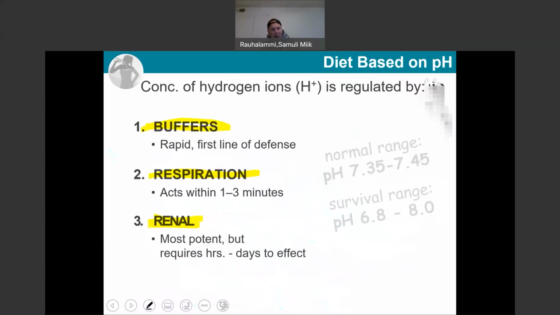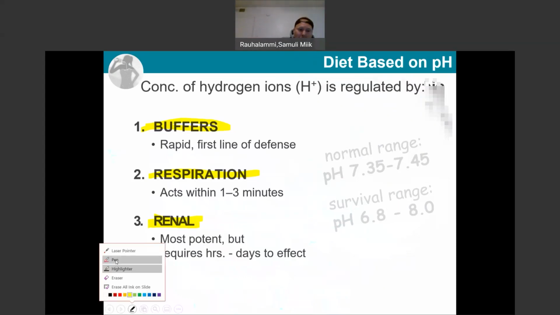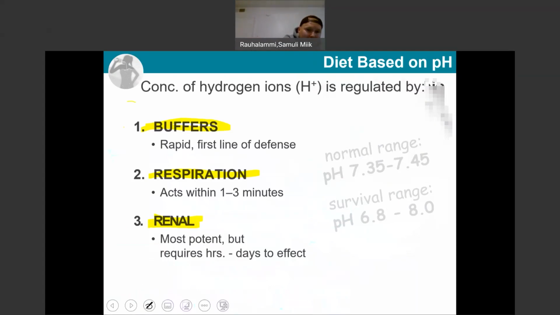And this is really the most potent, most strongest response out of these three that we see. So these are the three mechanisms, how we respond to the need of maintaining the body pH within this narrow range that we saw earlier on.